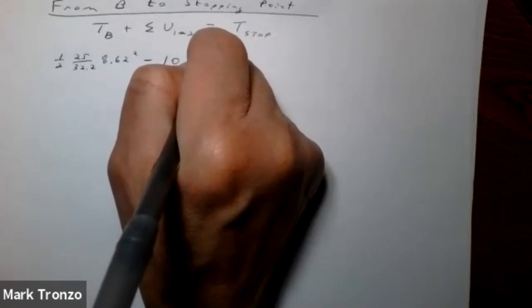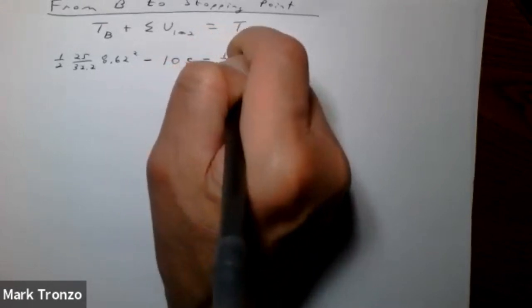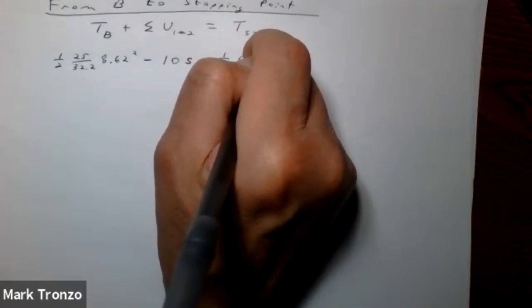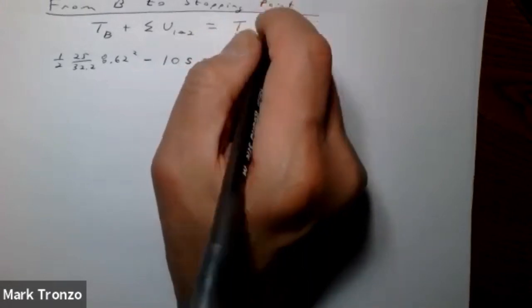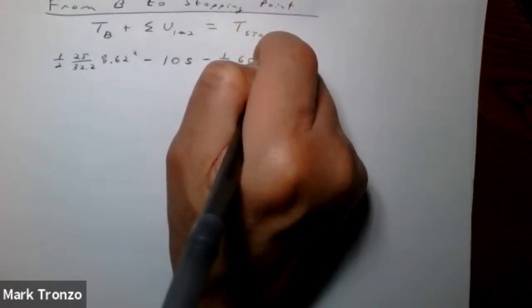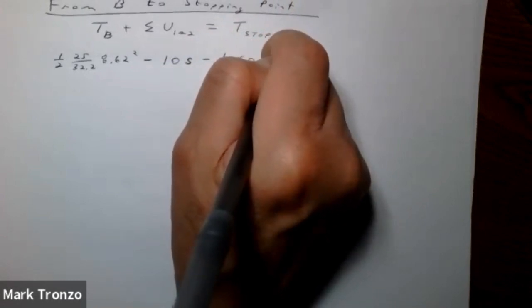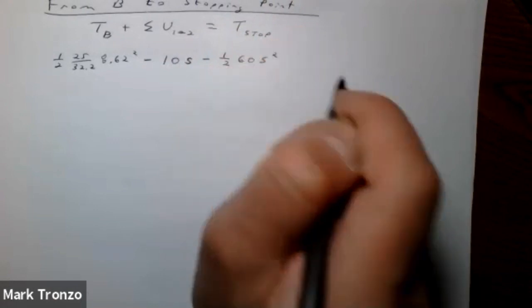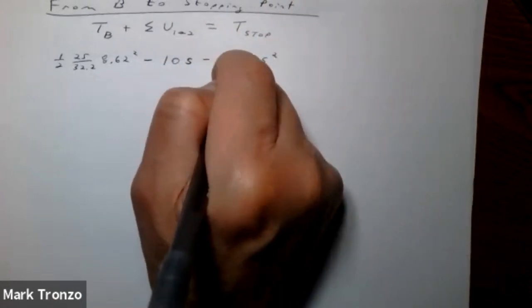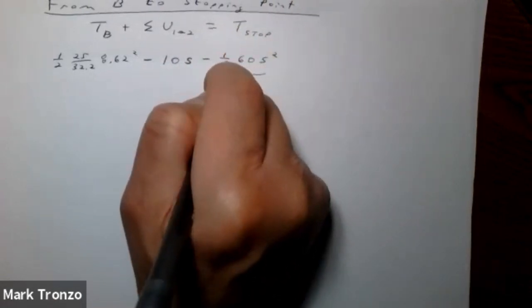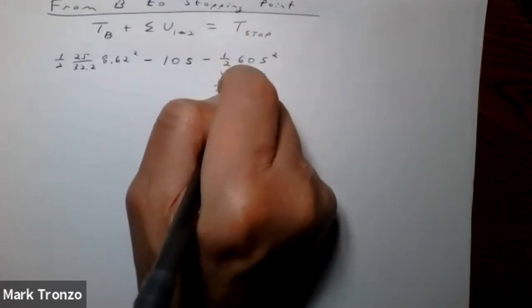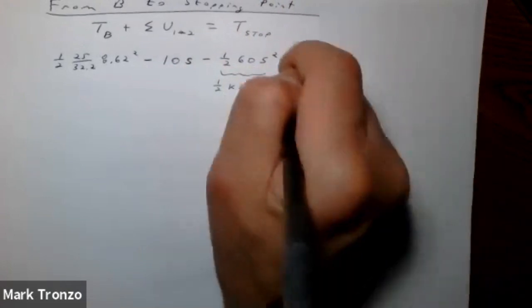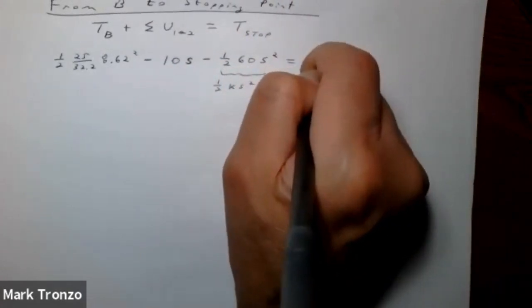Then minus 1/2 times 60 times S squared. Remember, this is for a spring; for a spring, it's going to be 1/2 K S squared.